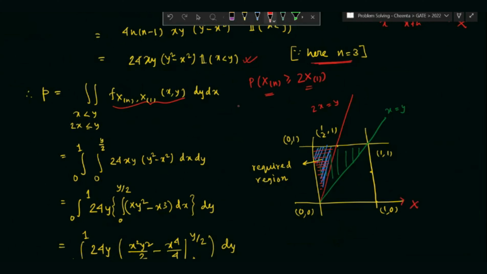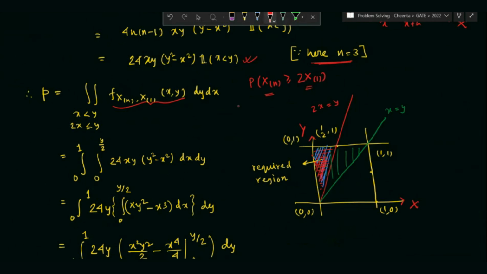This is x, this is y. So x lies between 0 and 1 and y also lies between 0 and 1. The lines are 2x equal to y and x equal to y. We got this considering x less than y, so this region comes, and for 2x less than or equal to y, this region comes. You can take a point here and check whether it satisfies the condition or not.